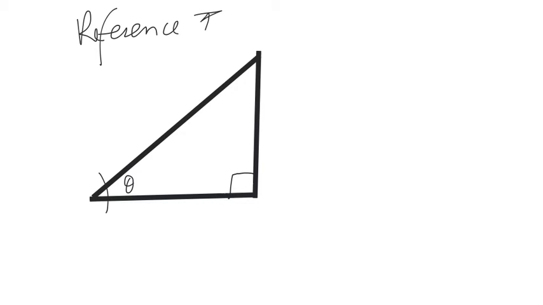In this case, the reference triangle is a triangle which is drawn in standard position, so like this, with the right angle in the bottom right, and the angle of interest, our reference angle, in the bottom left. And then the three sides take on very interesting values. So the hypotenuse, the longest side, we always make that 1.